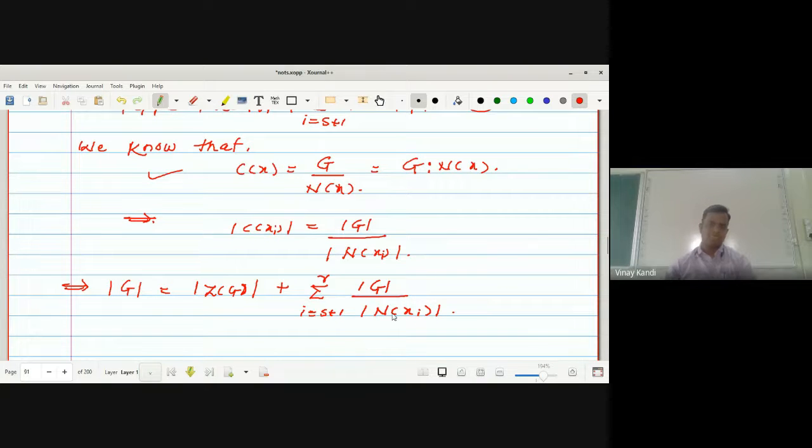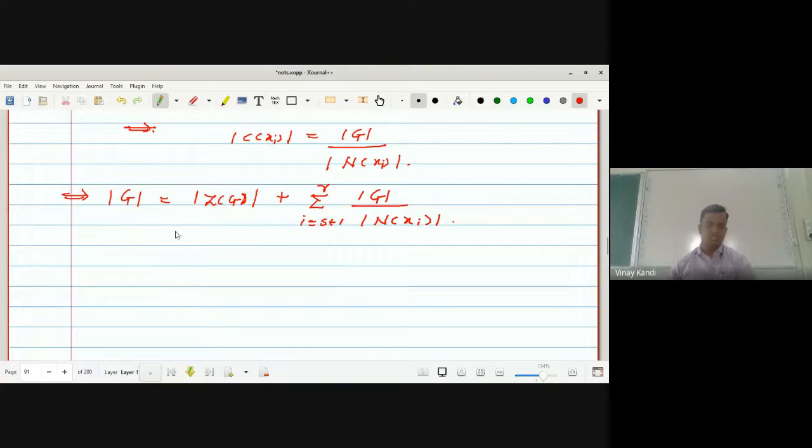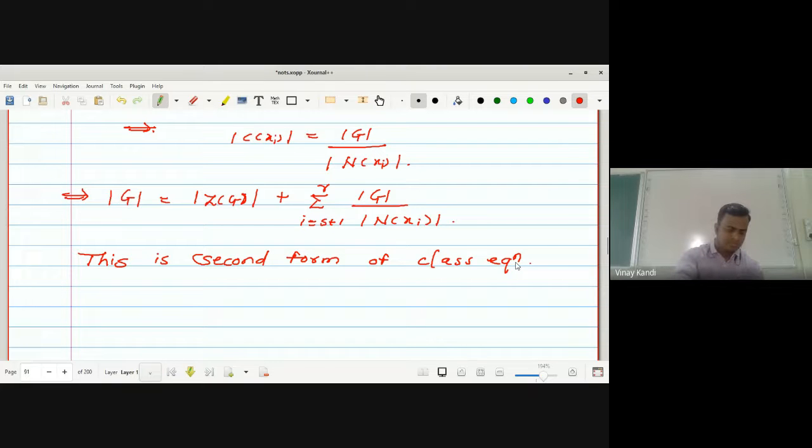So this is the second form of class equation, the class equation of a group.